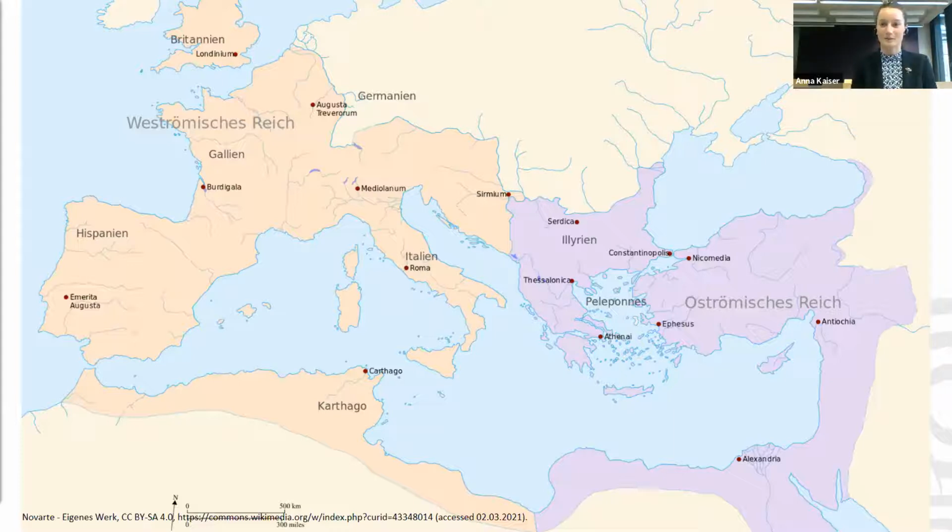And thus, with the fall of the Western Roman Empire and the transition into the early medieval ages, the East Roman Empire still continued to flourish. So when the West Roman provinces and the limes no longer existed, it actually still did so in the East Roman Empire.